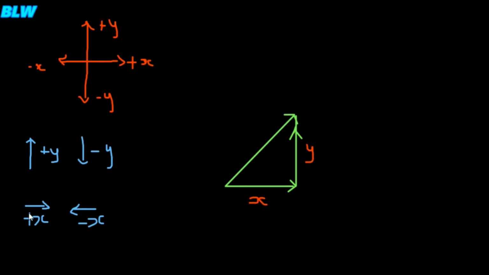Looking at this part, which of these forces is moving in the same direction as this? That is this force, right? So that one is positive. So in this case, x should be positive. And coming to the y part too, this force is moving upwards, and if it is moving upwards, we have positive here. So that tells us the y part is also positive. So that's how it is done.